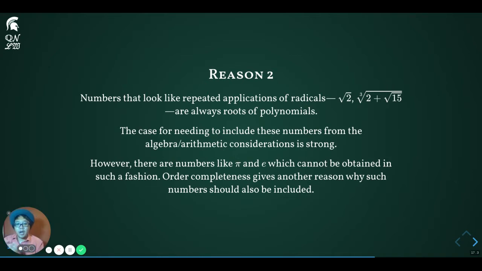Numbers like pi and e, however, cannot be written as the root of a polynomial with rational coefficients, so the algebra case for their inclusion is a bit weaker. However, from the order point of view, there's little distinction between the two classes, and this gives a pretty fair way of asserting the need to include all irrational numbers in the reals.